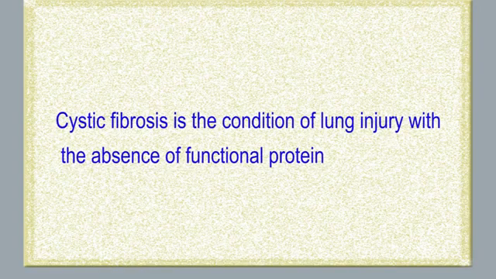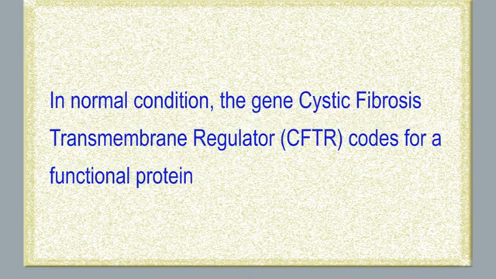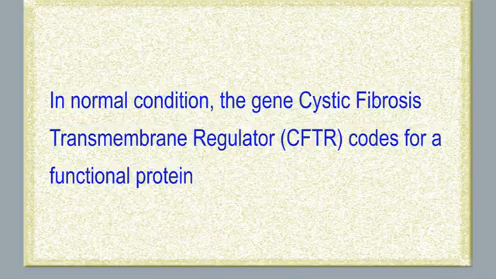Cystic fibrosis is a condition of lung injury with the absence of functional protein. In normal conditions, the gene cystic fibrosis transmembrane regulator, CFTR, codes for a functional protein.